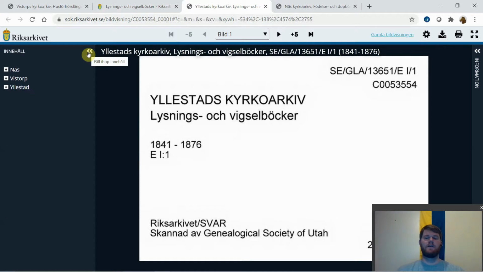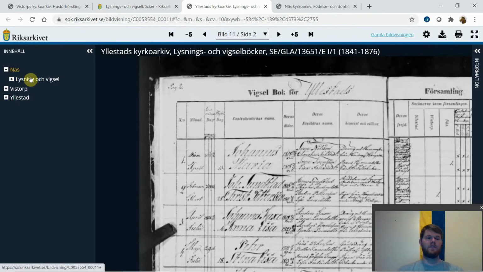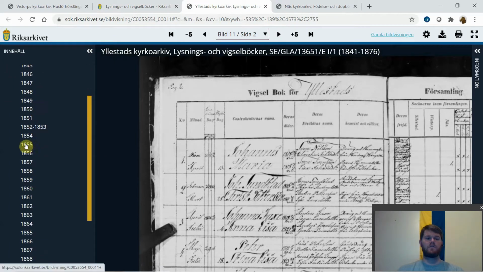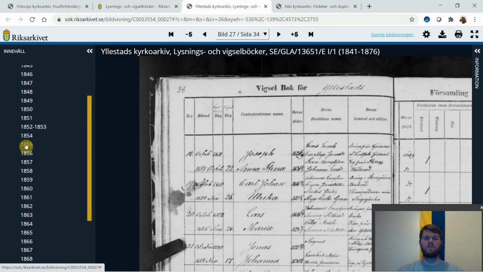If you're using this website, and this website has what you're looking for, on the left side, there are handy drop downs right here. So come here, and we come to 1855.